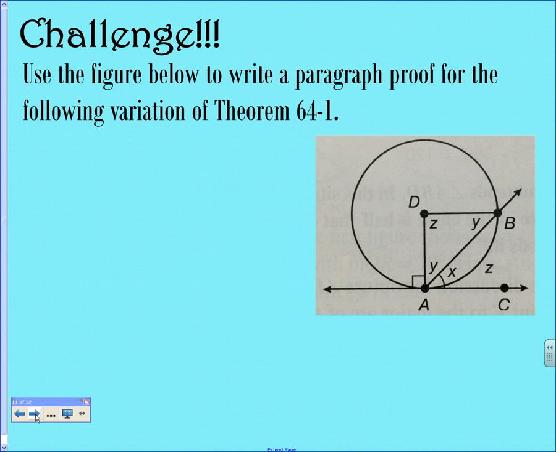Given an angle with its vertex on a circle, formed by a secant ray and tangent ray, the measure of the angle is half the measure of the intercepted arc. Theorem 64.1. Half the measure of the arc. And it gives you some letters just to help you call it. Instead of having to say A, D, B, you say angle Z.